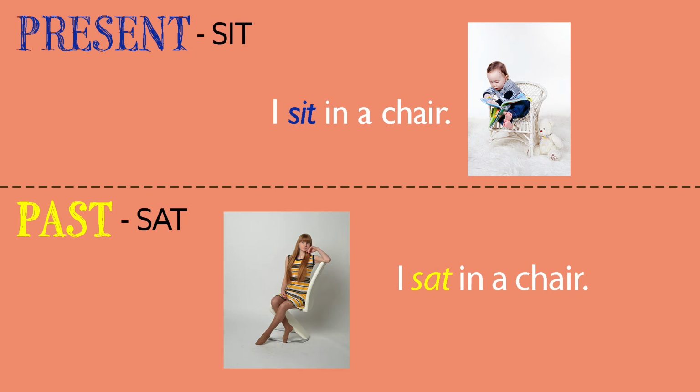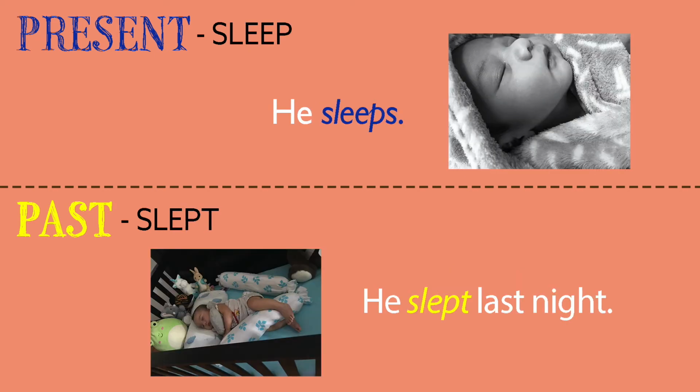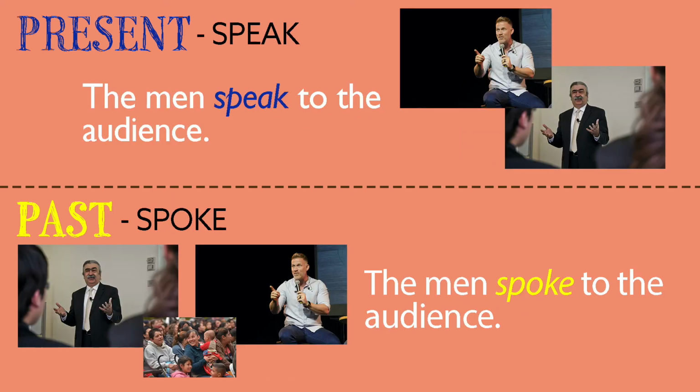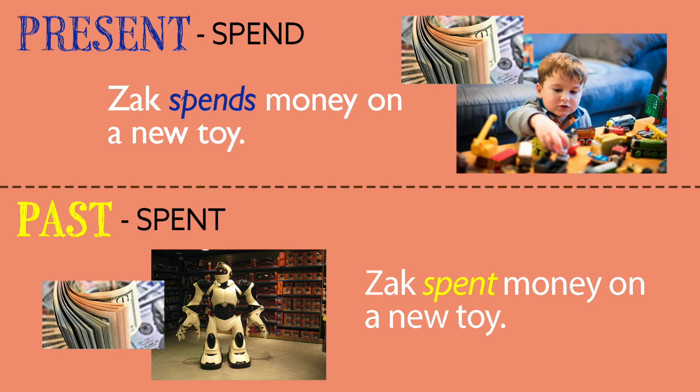Sit. I sit in a chair. Sat. I sat in a chair. Sleep. He sleeps. Slept. He slept last night. Speak. The men speak to the audience. Spoke. The men spoke to the audience. Spend.